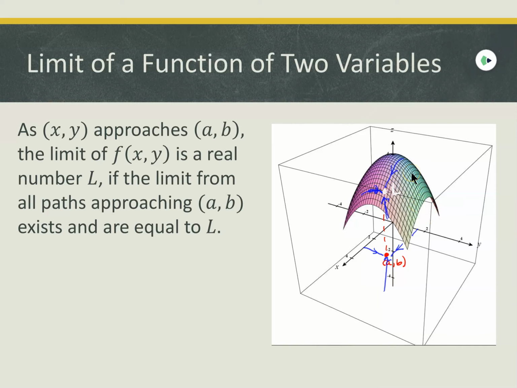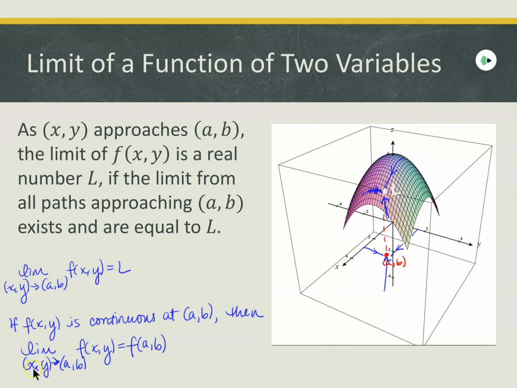Now, what's nice is if we write this in limit notation, we'd write something like the limit as the point xy approaches the point AB of the function f of x and y equals L. And then if this function f of x and y is continuous at the point AB, we can say that the limit as the points xy approach the point AB of f of x and y is equal to f of AB.